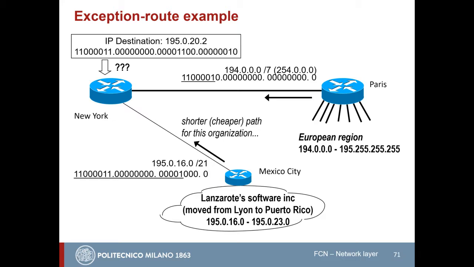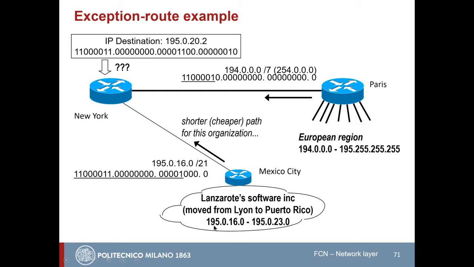So it is preferable that all the machines of that company keep the original IP addresses, and therefore part of the IP addresses that are assigned to the company will be located in another place.